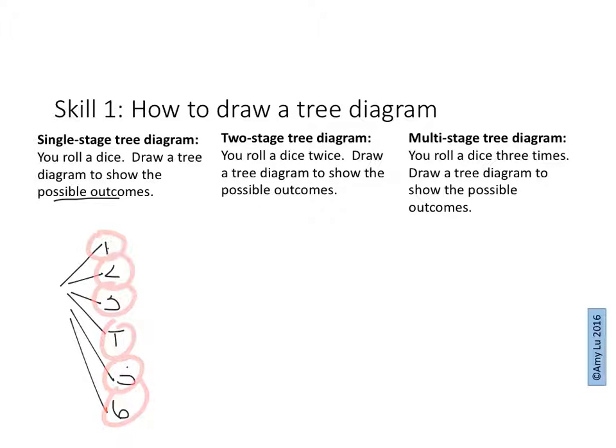Now in a 2-stage tree diagram, you're going to have 2 sets of branches. So you roll a dice twice. In this case, you have your 6 outcomes for the first roll: 1, 2, 3, 4, 5, 6.